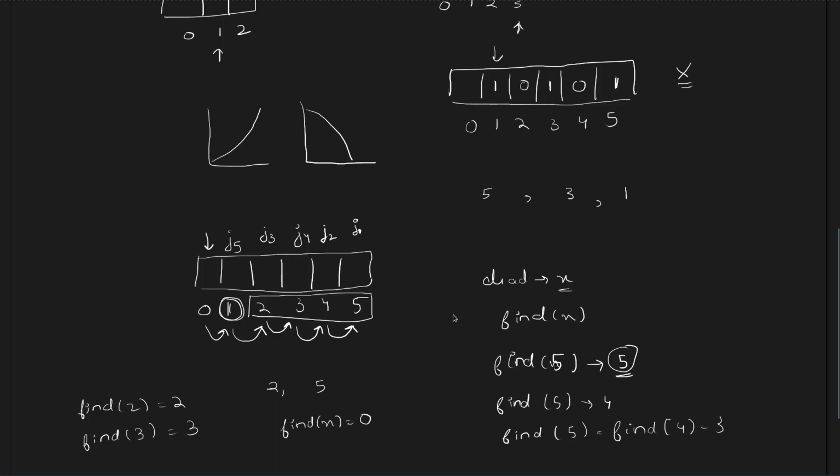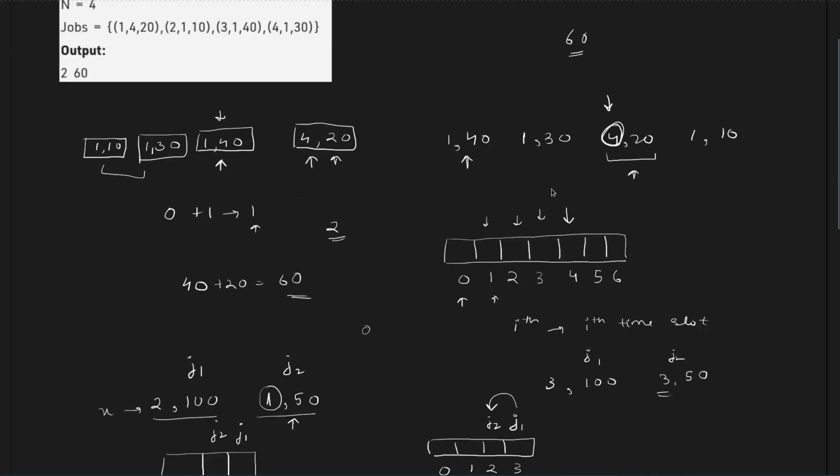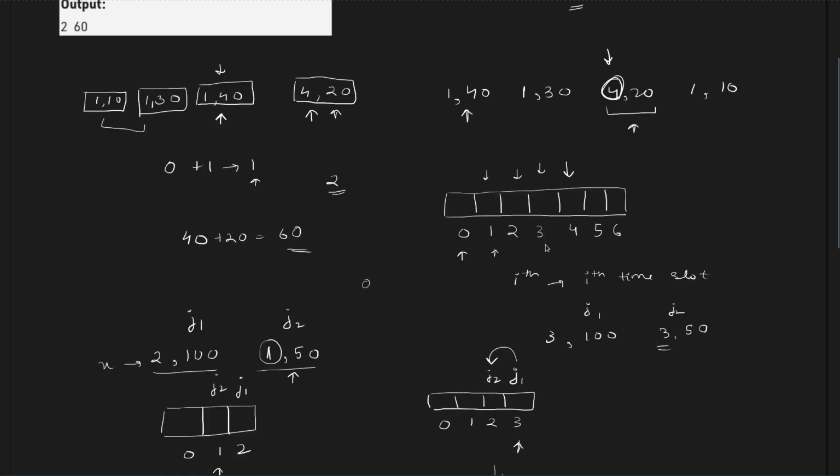Let me quickly summarize what we discussed in this problem. The core idea is to greedily sort the jobs according to their maximum profit. Now I try to place the jobs as close to their deadlines as possible. I would want to complete them as late as possible.